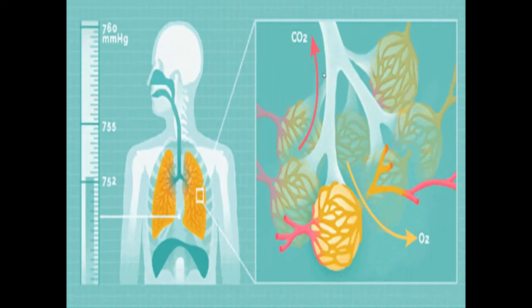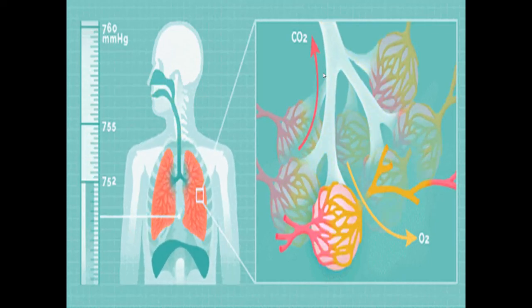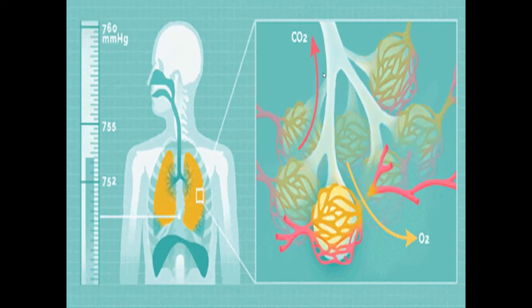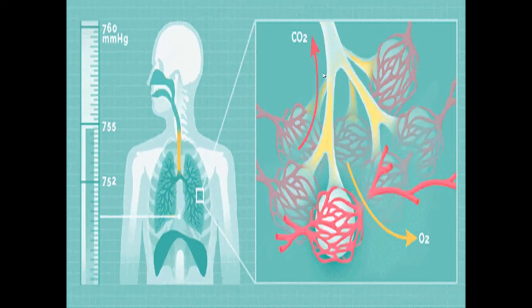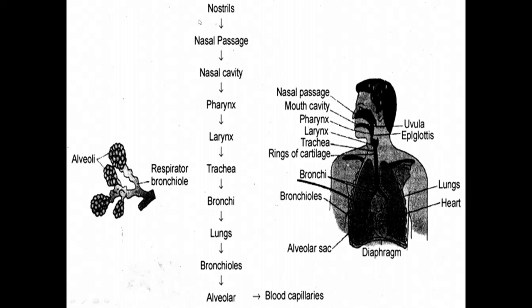This is one more image which helps us understand how the exchange of gases occurs throughout the respiratory tract, and very importantly between the alveoli and the blood vessels. Let us try to understand now.